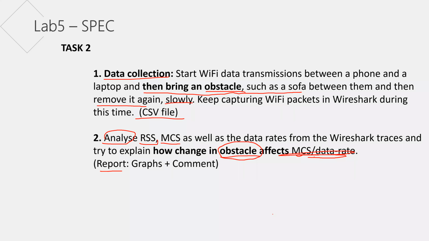There are only data rates in lab 4. Maybe you can do it again and see if you can get the MCS. So don't worry too much if you cannot get it.